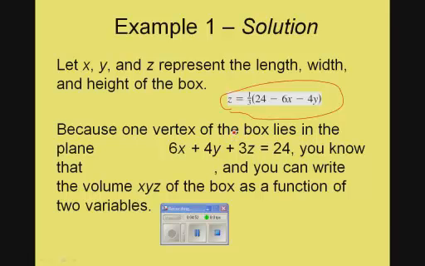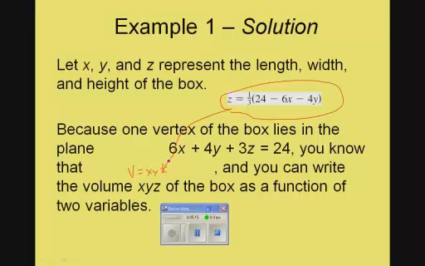What do you think they're going to do next? What are we trying to maximize? Yeah, so my volume is V equals xyz. We're going to take this mess and put it in for z, so now we'll have volume just as a function of x and y.